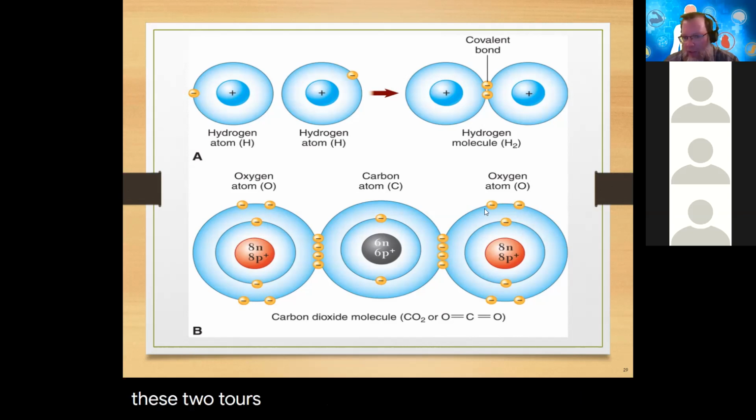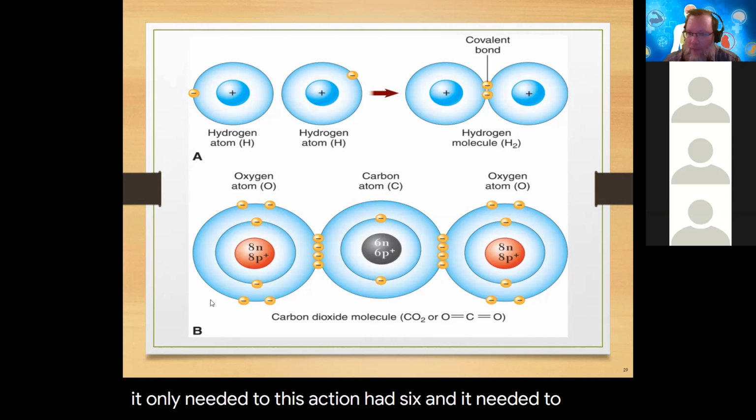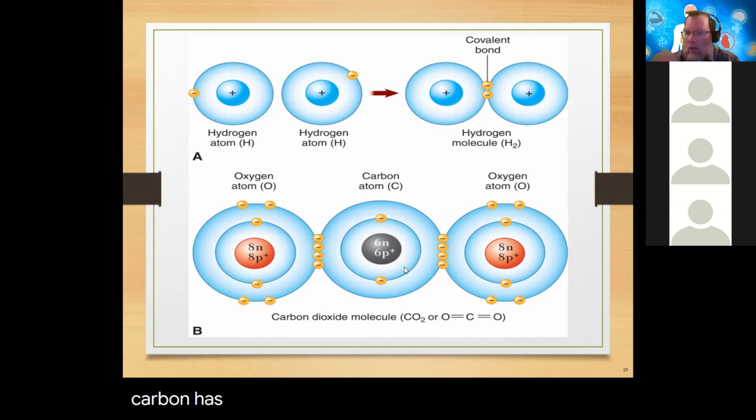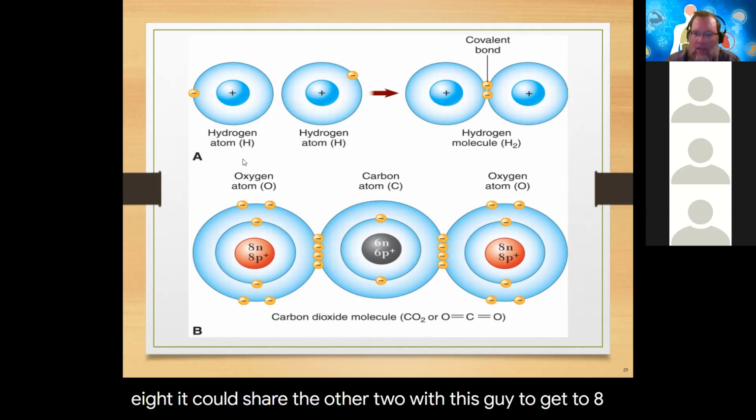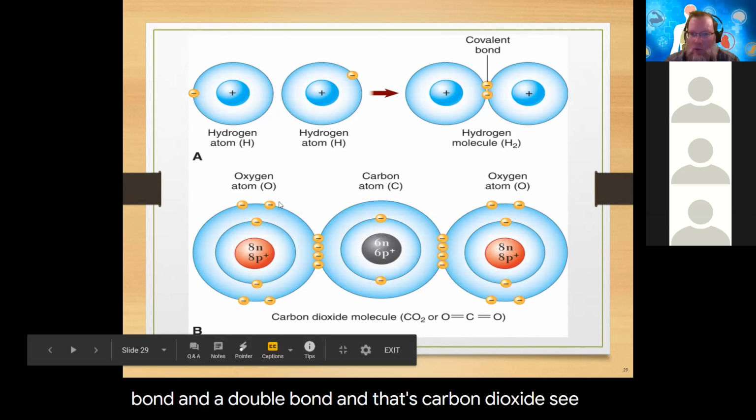So remember, oxygen had 6 in its outer shell, so it only needed 2. This oxygen had 6 and it needed 2. Well, carbon has 4. So it could share 2 with this guy to get to 8. It could share the other 2 with this guy to get to 8. And then they can all be happy. And we call that a double bond and a double bond. And that's carbon dioxide, CO2.